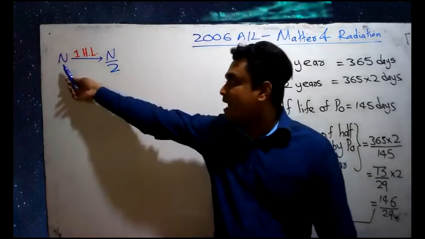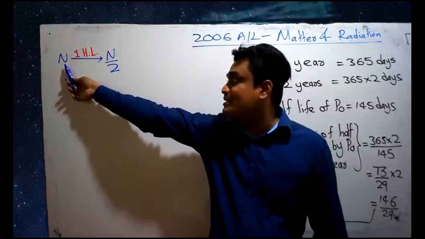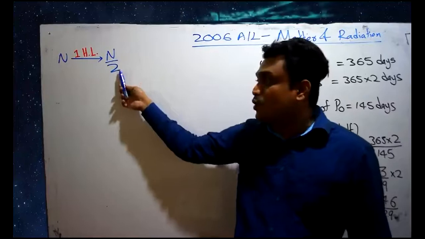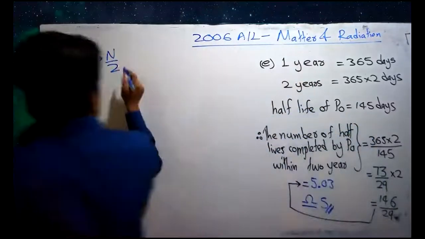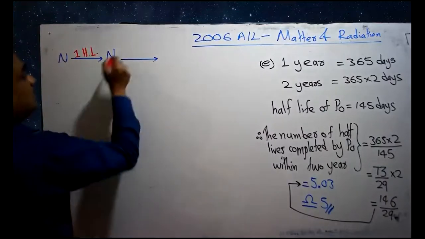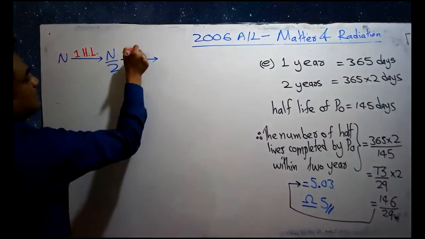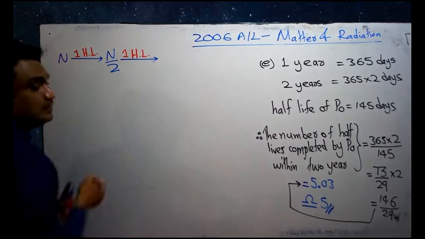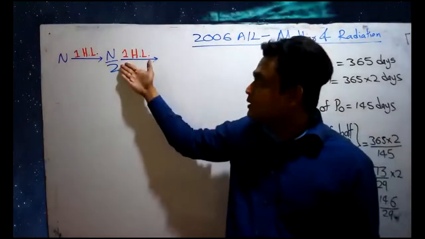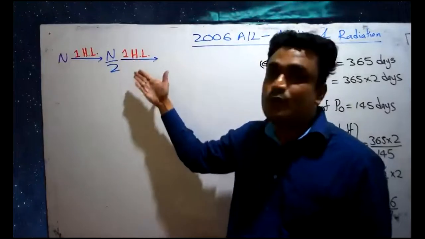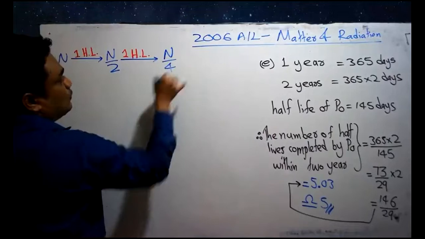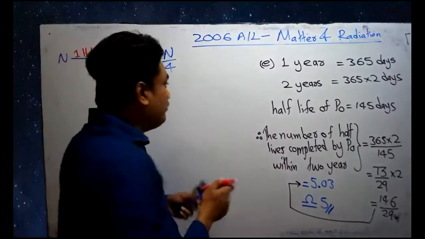If we allow the polonium to complete another half-life, then n over 2 is divided by 2, which means n over 4 after 2 half-lives.